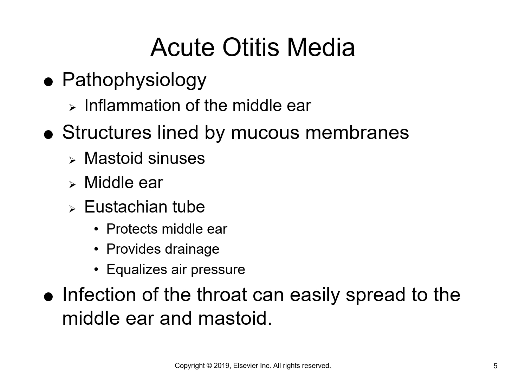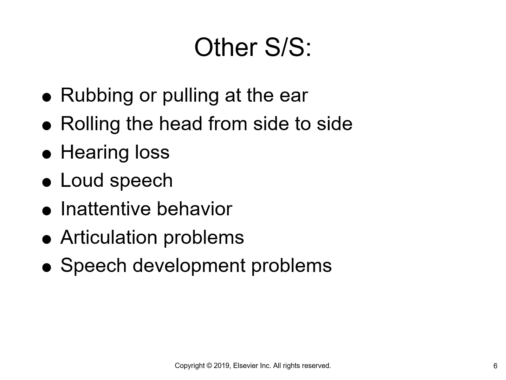More signs and symptoms are headache, vomiting, and diarrhea. Other signs and symptoms: for those children or infants that cannot communicate that very severe pain, it's going to manifest as maybe rubbing or pulling at the ear.